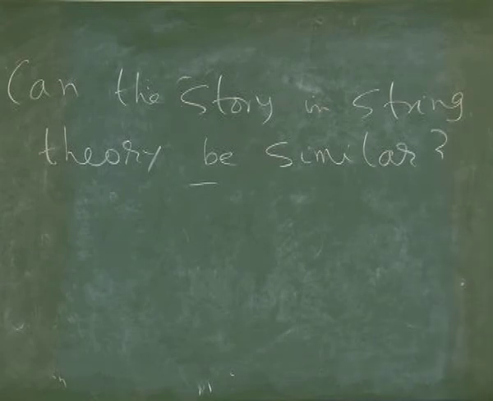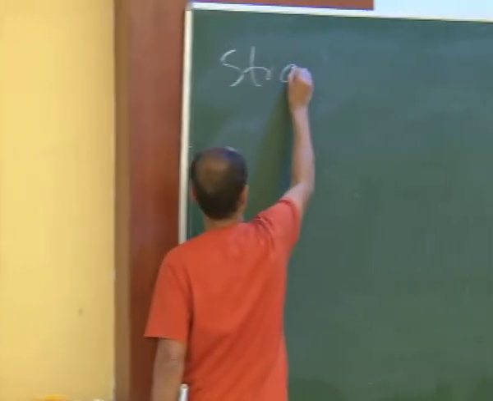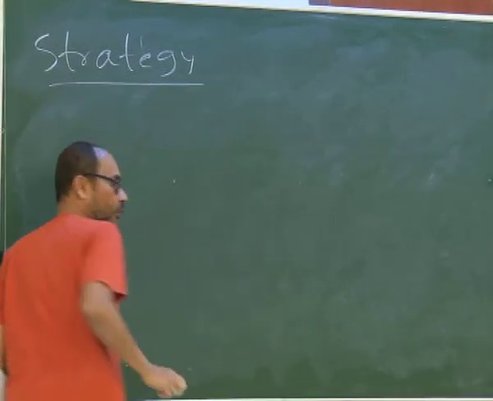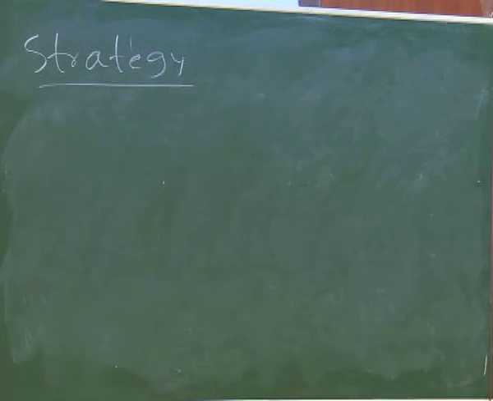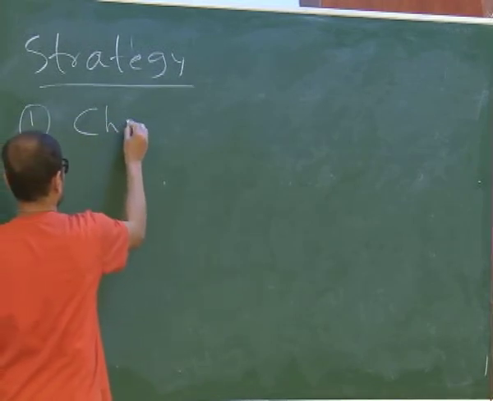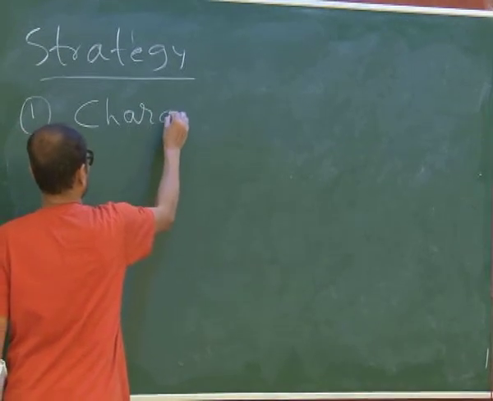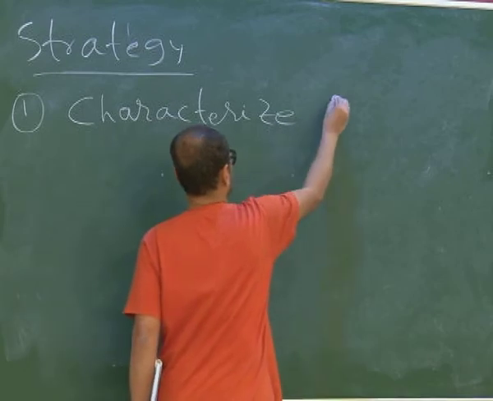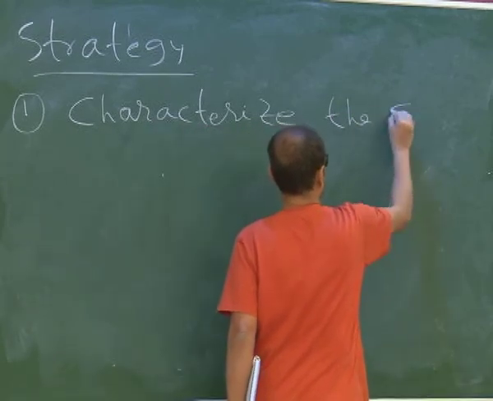So, the strategy that we will be following will be in 2 steps. The first step is to characterize the spurious data.